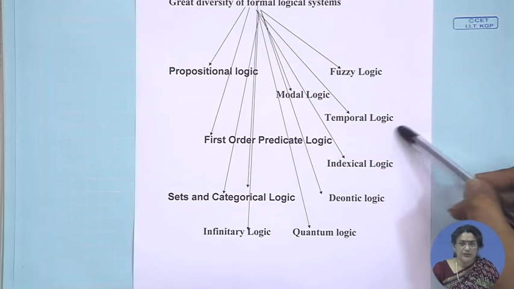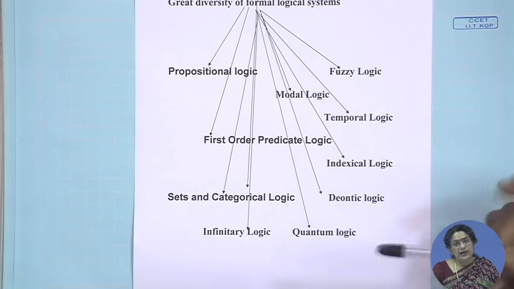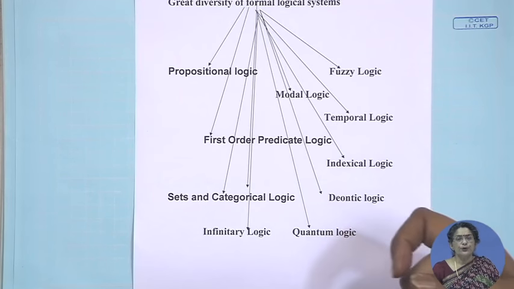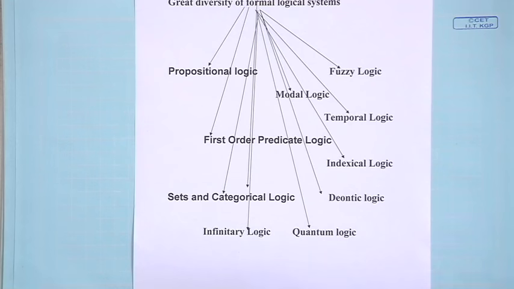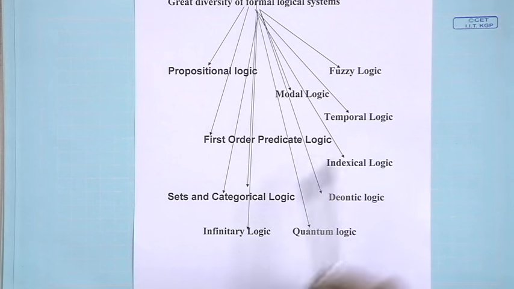There is, for example, temporal logic, which uses time as a factor. Suppose you want to talk about an operation that has to happen after something or before that. That kind of time reference, doing logic with those time references, is what you will find in temporal logic.